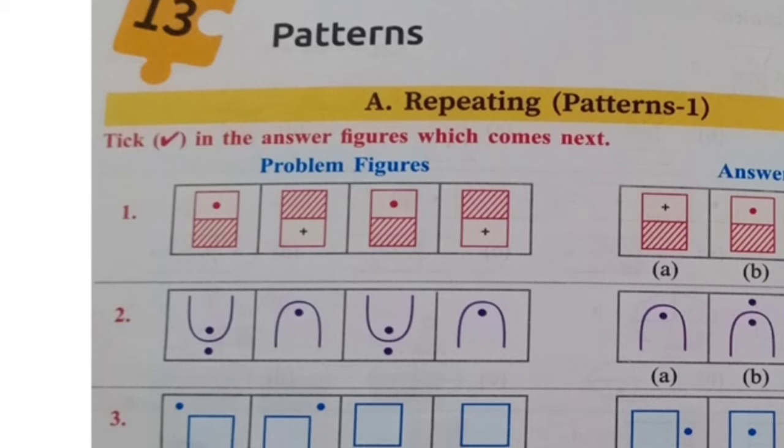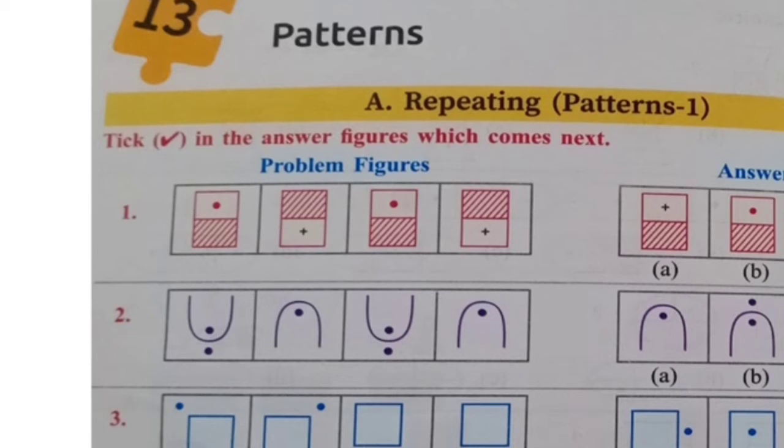See, in the first question, two squares are attached. In the first square, dot, and in the down one, cross lines. Second square, it has shown cross line and plus sign.